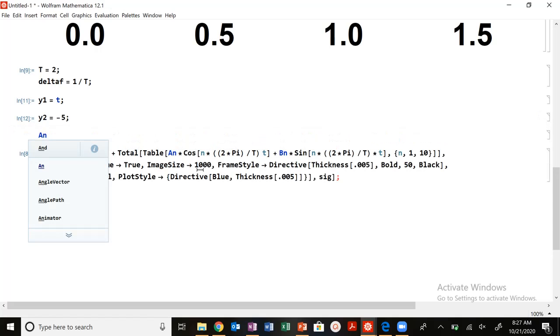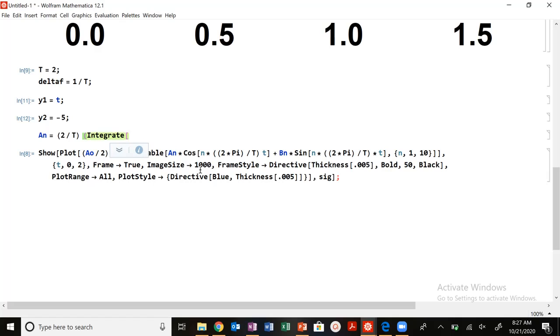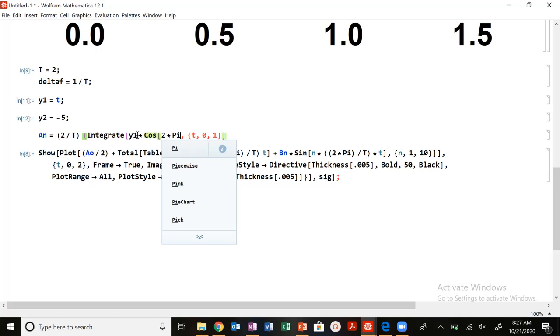My a sub n is going to be equal to 2 over t times the integral. I integrate y sub 1 from t from 0 to 1 there, plus, actually, I need to integrate times cosine of 2 times pi times n times t divided by my period here.